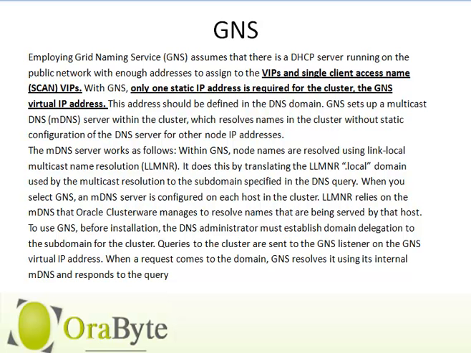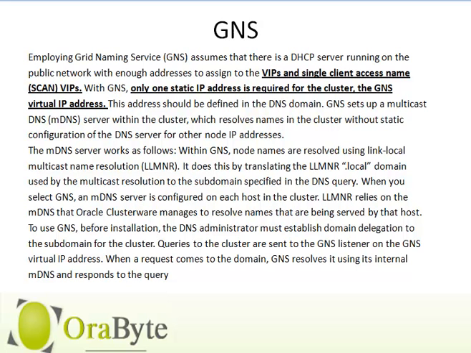So the MDNS server works as follows. Within GNS, node names are resolved using link local multicast name resolution, LLMNR. It does this by translating the LLMNR .local domain used by multicast resolution to the subdomain specified in the DNS query.